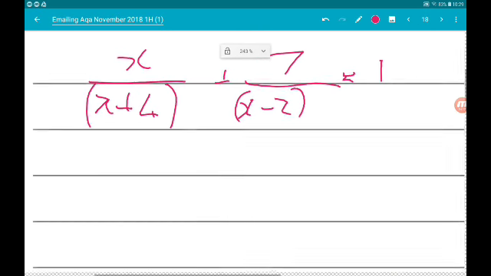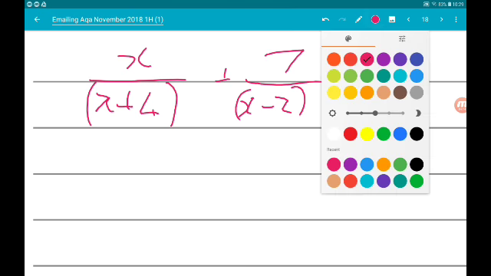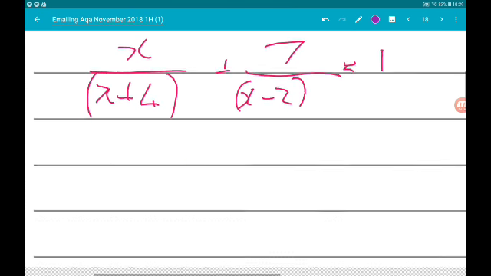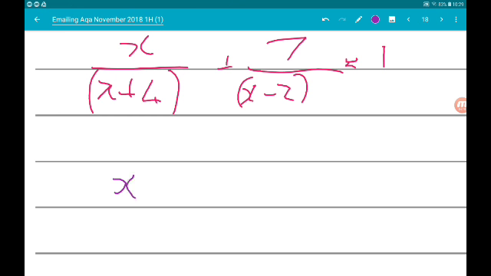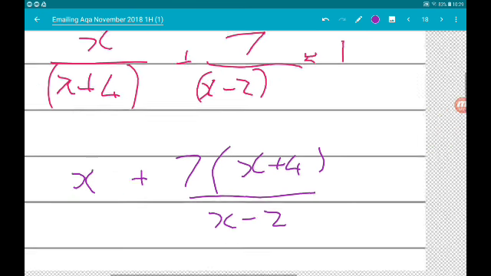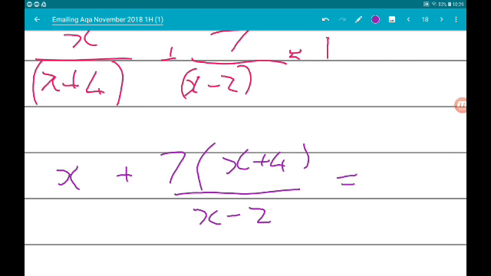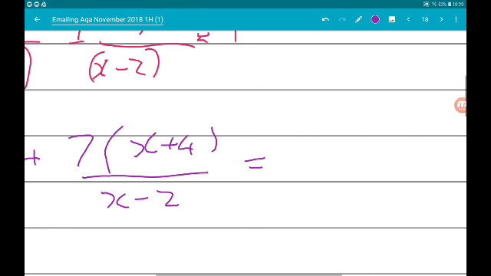Now if I do that, I'm going to get x add 7 lots of x add 4 over x minus 2 is equal to x add 4.